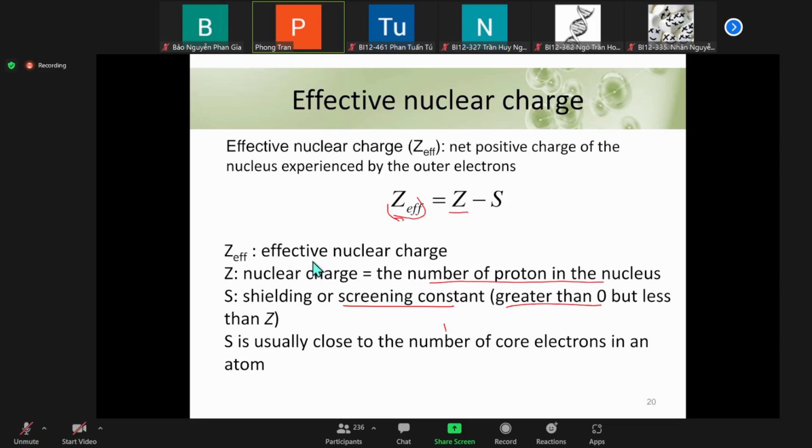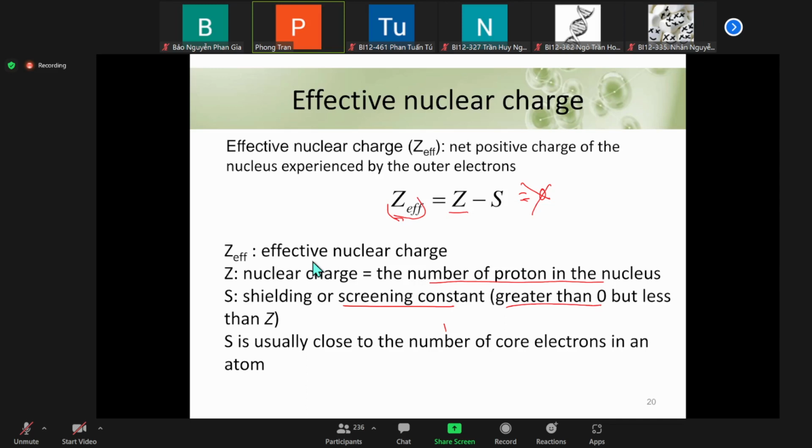But for a many-electron element, the shielding constant, the screening constant, will be greater than 0 but less than Z. If this constant were equal to Z, the effective nuclear charge would be 0, so it will never exist. A zero effective nuclear charge never exists, because whatever the number of core electrons you have, the outer layer electron will all the time feel the positive charge of the nuclei.